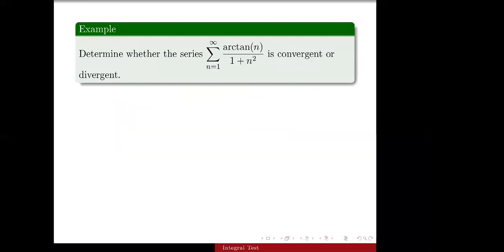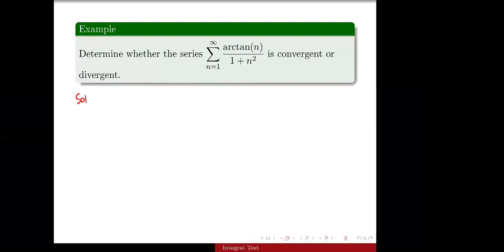Next problem. Determine whether the series arctan n over 1 plus n squared, from n equals 1 up to plus infinity, is convergent or divergent. Okay?